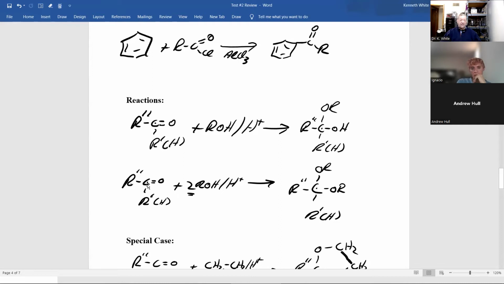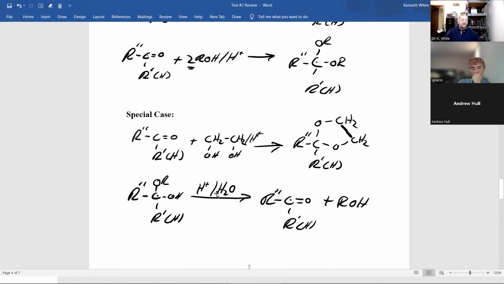Keep your eye on the carbonyl carbon, what's attached to it, R prime or H, R double prime, still there. Now we have an acetal or ketal, 2 oxygens, and on each oxygen, the R group from the alcohol. Remember the special case that I talked about when the 2 alcohols are in the same molecule, and that's called ethylene glycol.